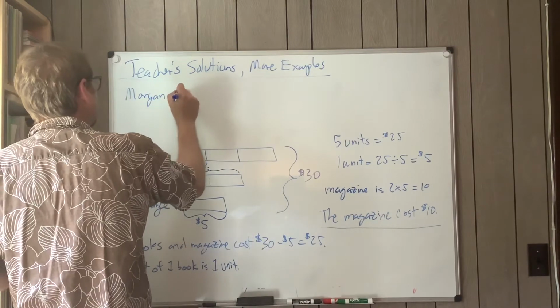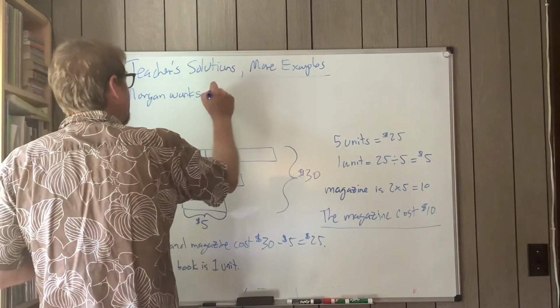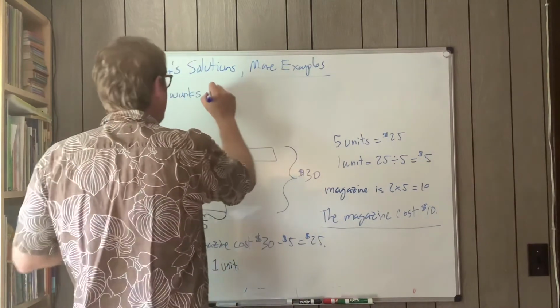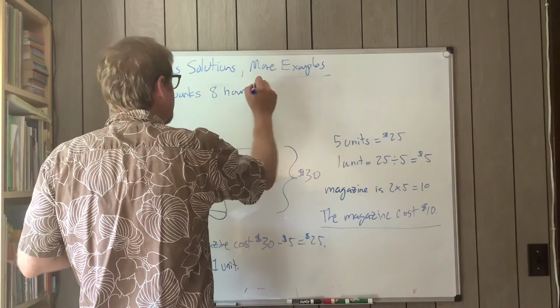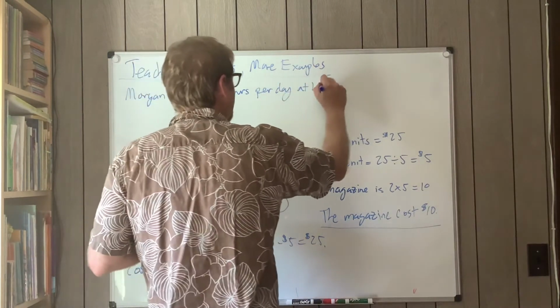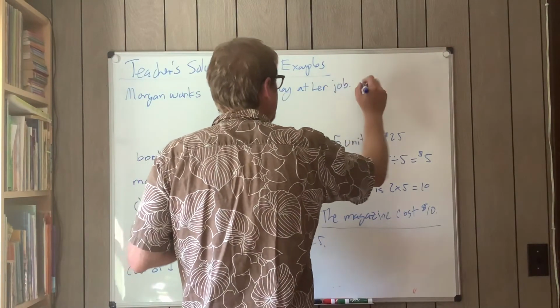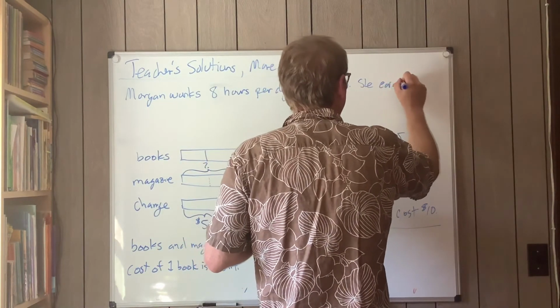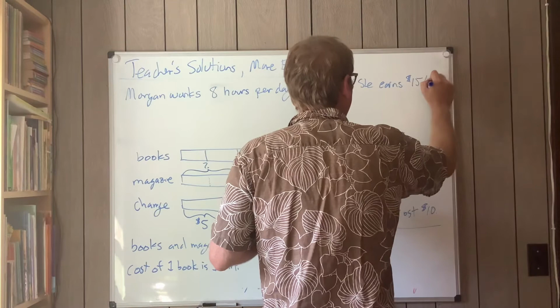So Morgan works 8 hours per day at her job. She earns, say, $15 per hour.